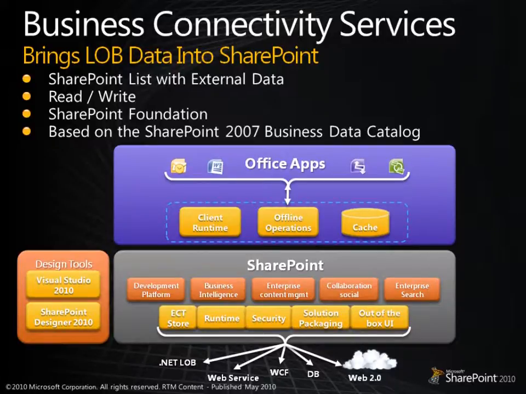In SharePoint 2010 or in Visual Studio 2010, you can write your own .NET connector, which can be then used to integrate external information to SharePoint to provide consistent SharePoint user experience within the SharePoint farm.